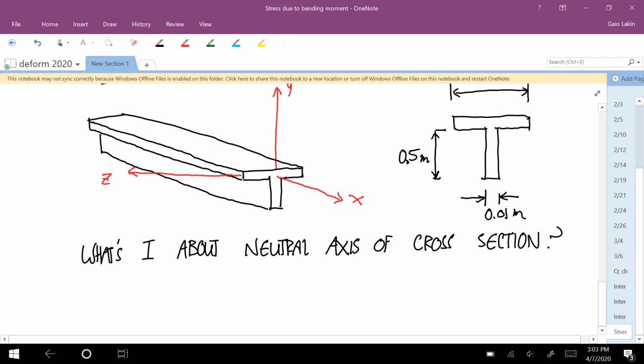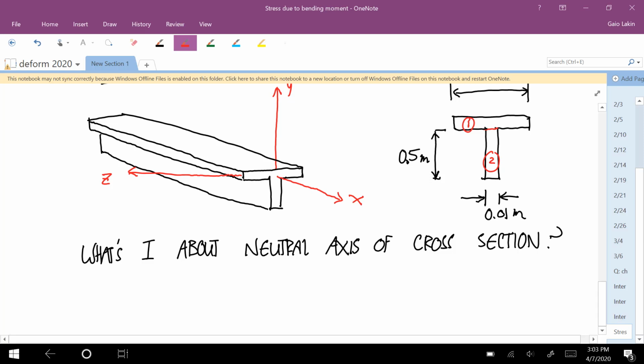Okay, so the way we're going to do this is we're going to break this shape up into 2 rectangles. I'll do one rectangle like that. I'll call this rectangle 1, and this lower one I'll call rectangle 2. If we use the rectangle formulas for these, what the formulas give us is the area moment of inertia of 1 about the neutral axis of that horizontal rectangle. And the formula for the area moment of inertia of 2 is about the neutral axis of that vertical rectangle.